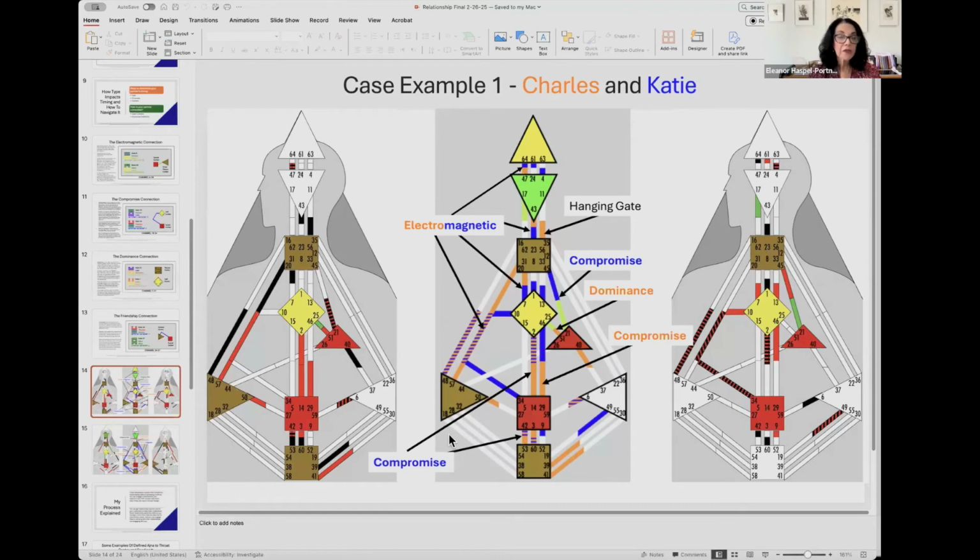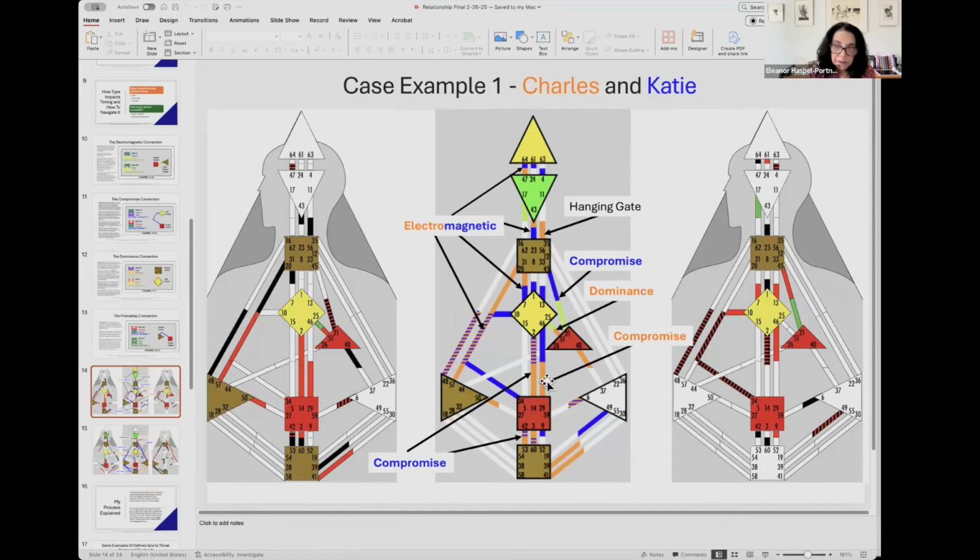And in the electromagnetic component, when they come together and talk about it, with active listening in this case, they can come up with something better together than they could alone. So they have quite a few compromise channels.